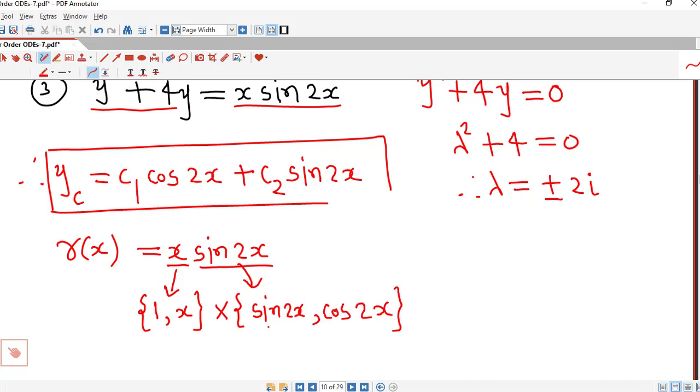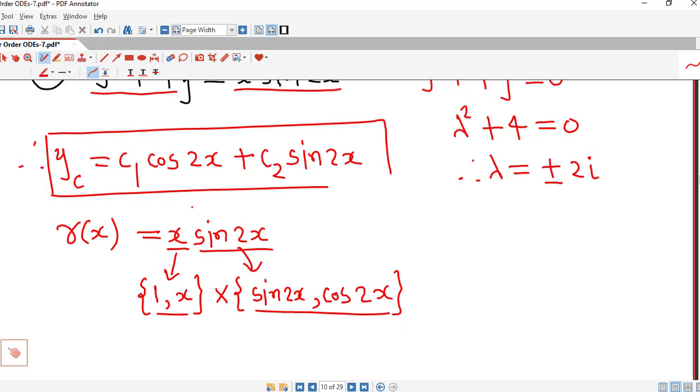I will not check whether any member of these two families is present in the complementary function or not. That I will check after taking the Cartesian product. If two functions are in addition or subtraction, we have to check for the individual family. But if the functions are in the product, first we have to take the Cartesian product of the corresponding families, and then we have to check whether any member of that Cartesian product is present in the complementary function or not.